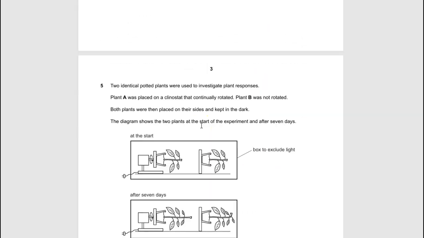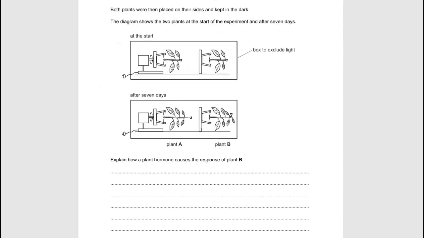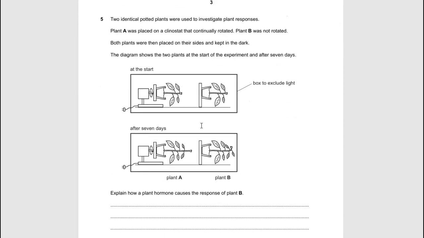Let's move on. Fifth. Two identical potted plants were used to investigate plant response. Plant A was placed on a clinostat and continuously rotated. Plant B was not rotated. Both plants were then placed on their sides and kept in the dark.